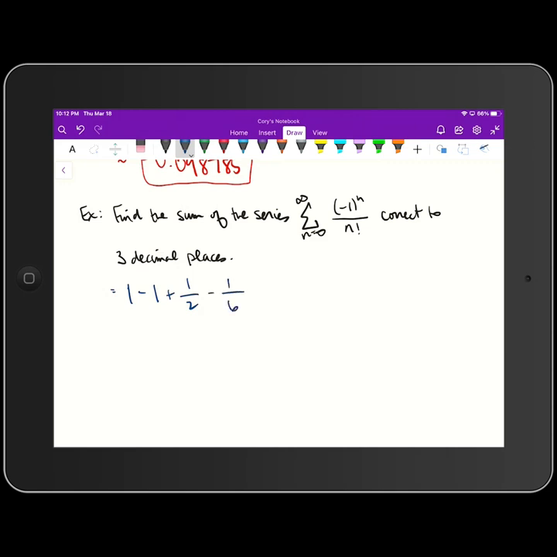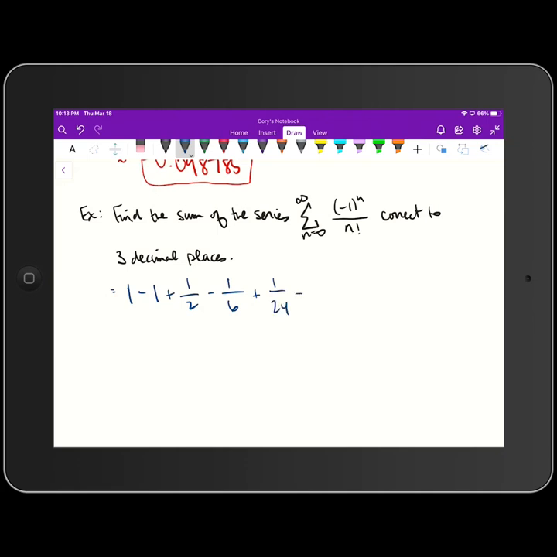If we want our sum to be correct out to 3 decimal places, tenths, hundredths, thousandths, we want to keep going until we get a first neglected term that is a fraction smaller than 1 over 1,000. The n equal to 4 term is 1 over 4 factorial, which is 24.